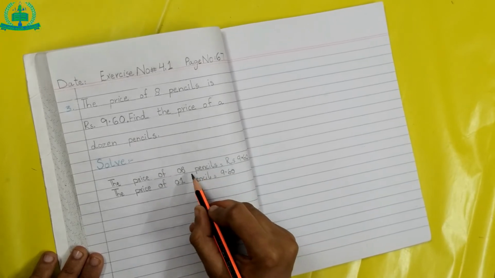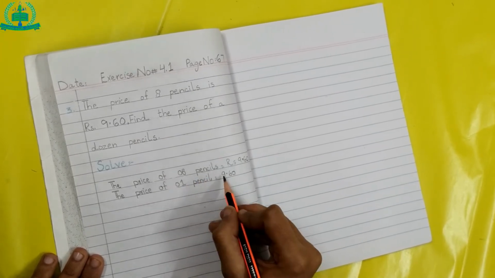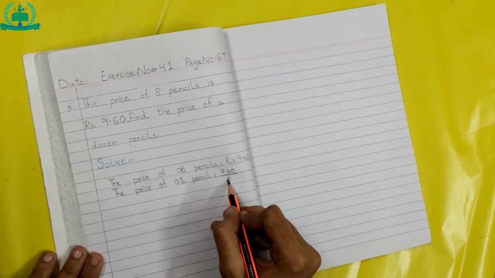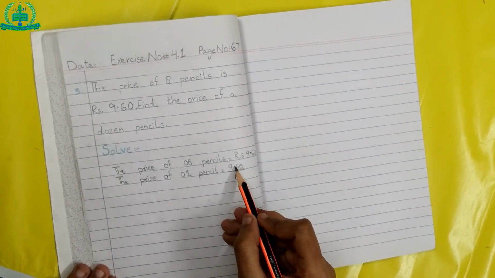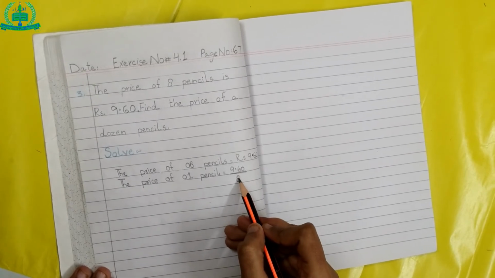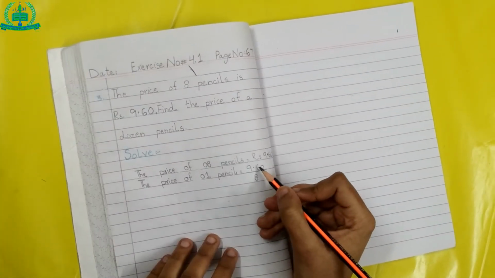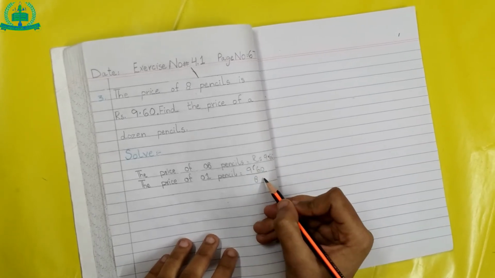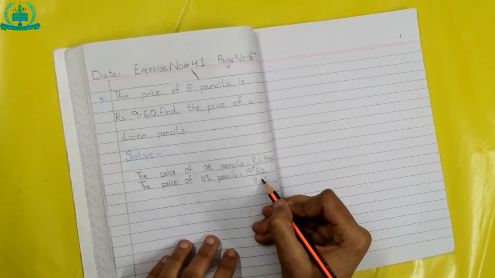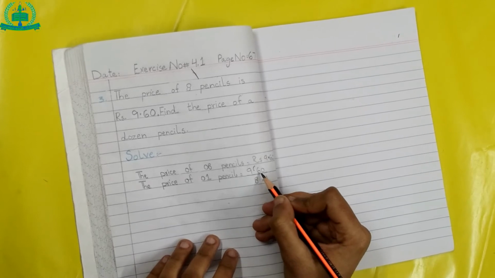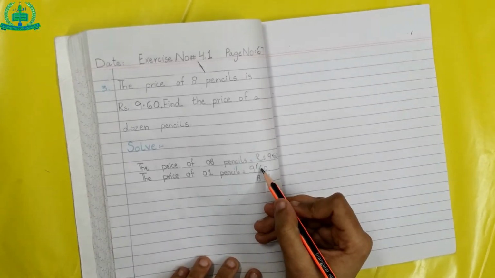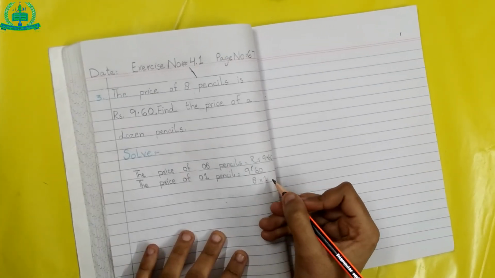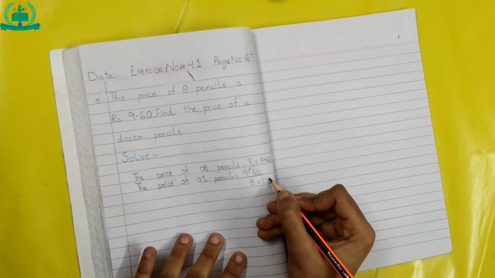Number of pencils is 8. So we write 8. 9.60 upon 8. First we remove the decimal. When we remove the decimal, we put 1 in denominator with multiply sign. There are 2 digits, so we put 2 zeros after 1 in denominator.